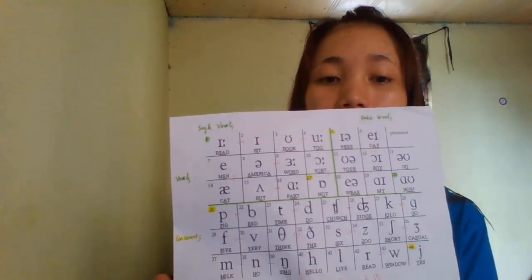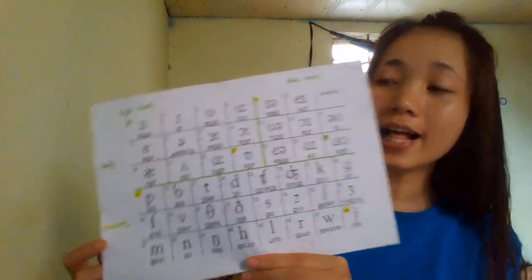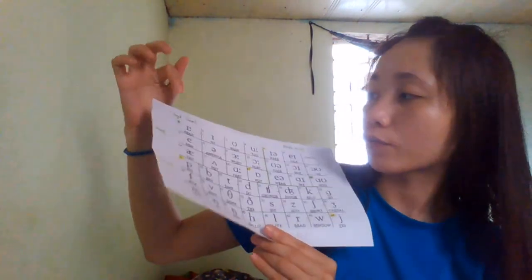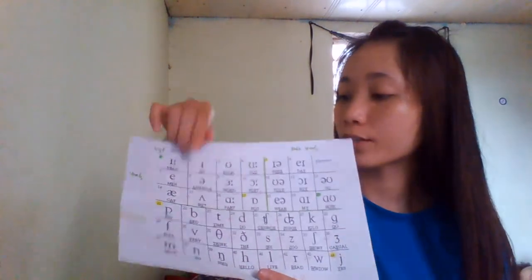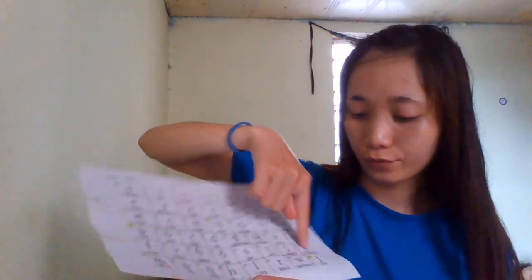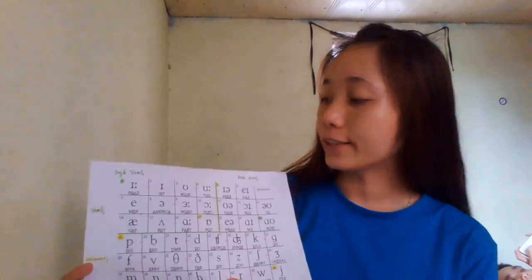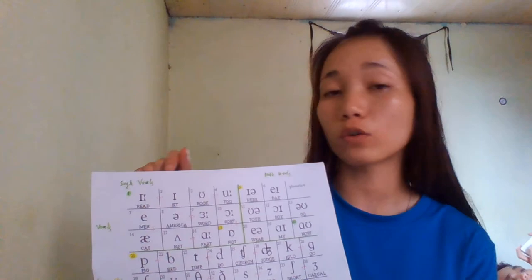You can see that the English alphabet has 44 sounds: from the first to the 20th are the vowels, and from the 21st to the 44th are the consonants. The vowels are divided into two groups, single vowels and double sounds.